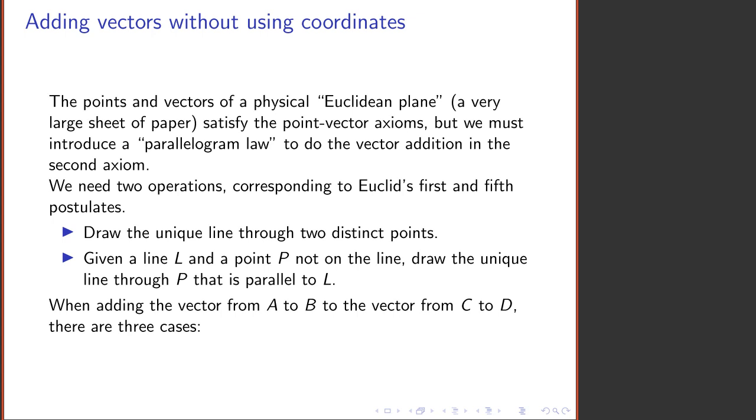With our parallel ruler, what we do is lay down the line, lay down a point that's not on the line.